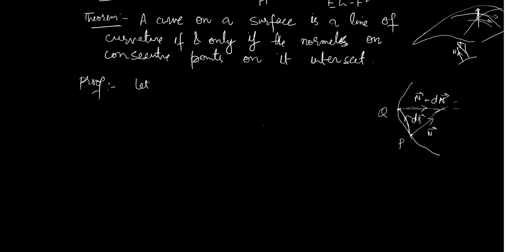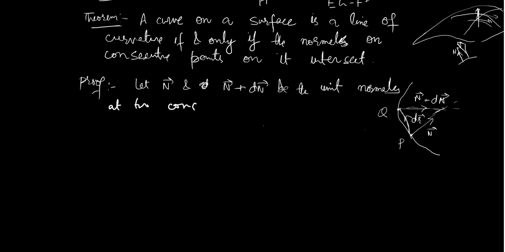Let n and n plus dn be the unit normals at two consecutive points.